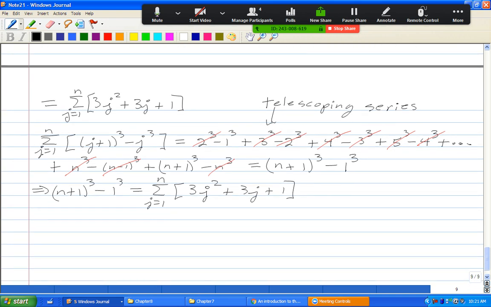So I have n cubed plus 3n squared plus 3n plus 1 minus 1 equals, using the properties of summation that we had just shown, the sum is linear, 3 sum j equaling 1 to n of j squared plus 3 sum j equaling 1 to n of j plus sum j equaling 1 to n of 1.